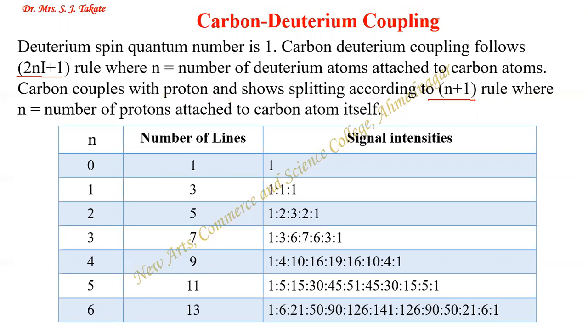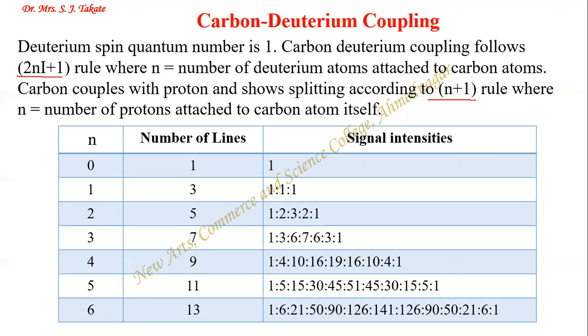According to that, if a carbon atom is attached to one proton, it gives a doublet; if it is attached to two protons, it gives a triplet; and if it is attached to three protons, the carbon atom gives the quartet.